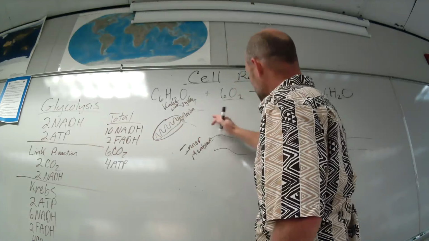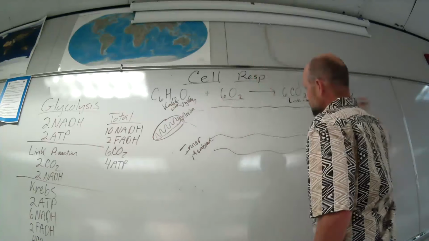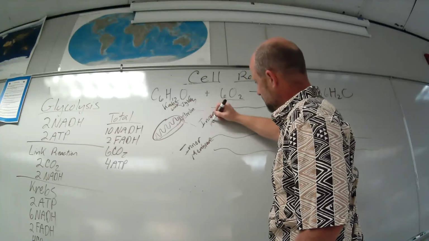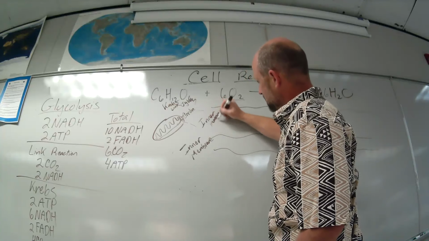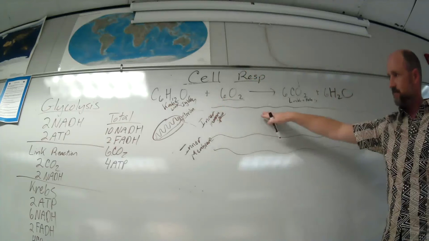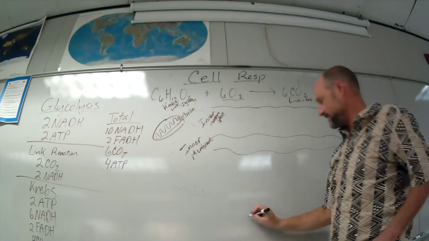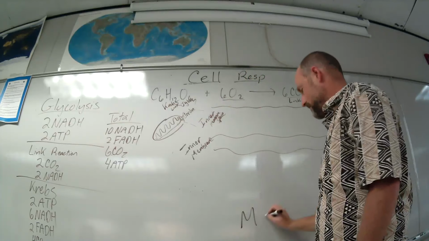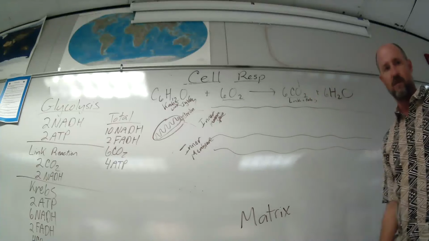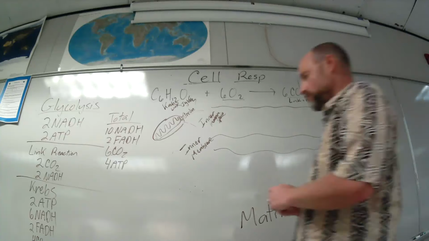We're going to claim that this is the inner membrane space. This area in here would be the outer membrane, and this here is going to be our matrix. Okay, the cytoplasm of the mitochondria.